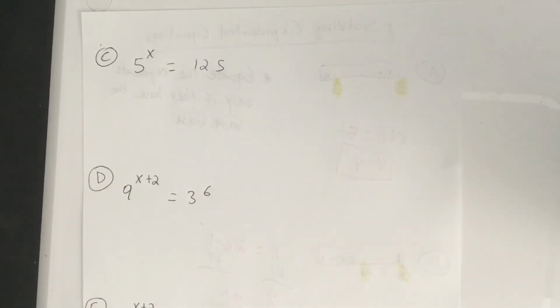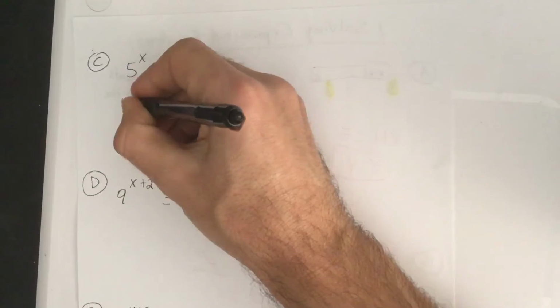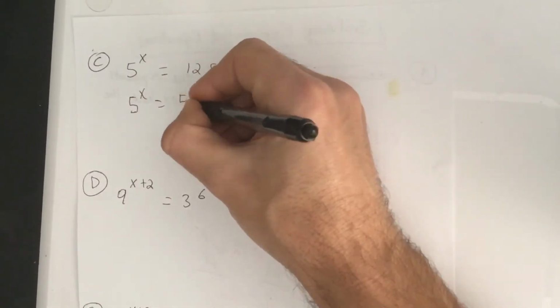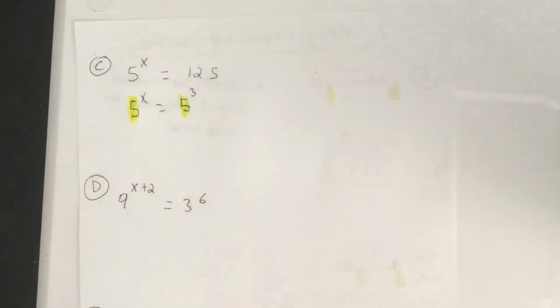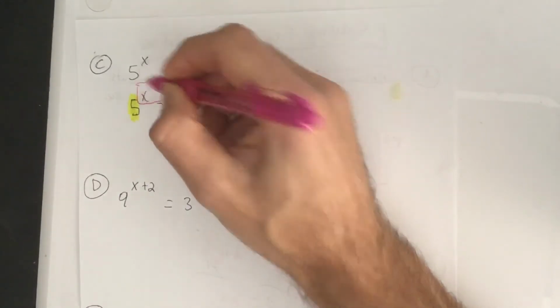Well, in this one over here, 125, well, I can write down 125 as 5 to the third power. 5 times 5 times 5 is 125. So now we got the same base, and now we can solve it. And this one is really easy because it's already solved for you. x equals 3.